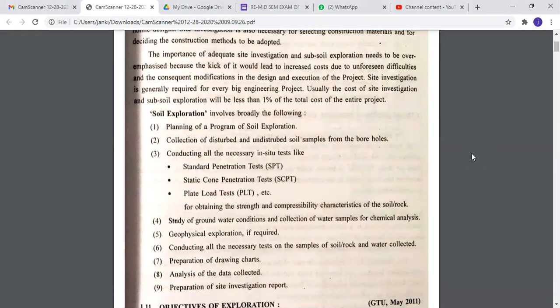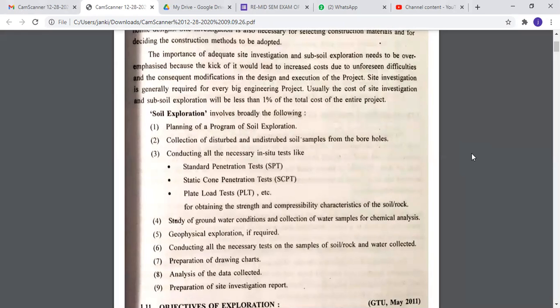All of these are gathered in one plan. Next is collection of disturbed and undisturbed soil samples from boreholes. For soil investigation, we collect soil samples in different places with the help of boreholes, right?